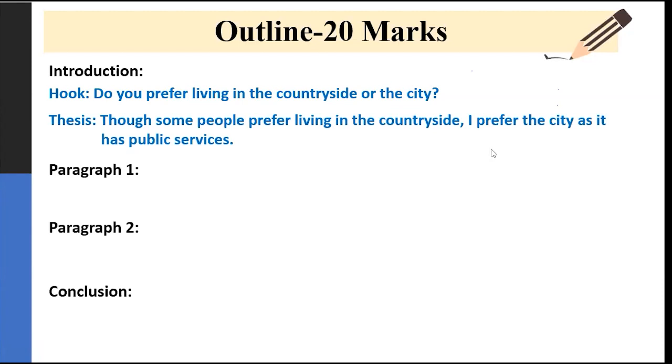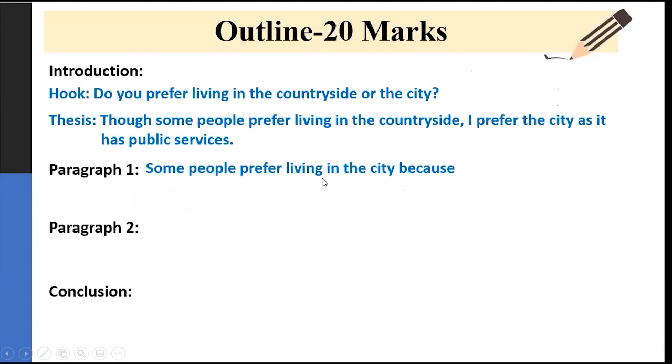Now that I have decided that I prefer the city, I have to talk about both sides. One paragraph will be about the countryside. One paragraph will be about the city. فنحط topic sentence.